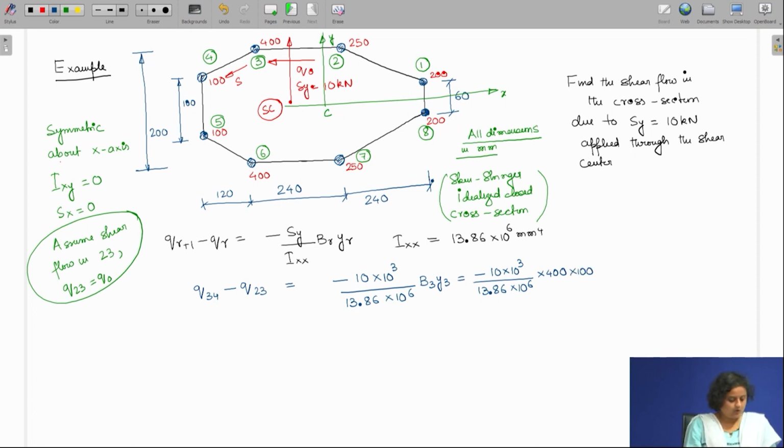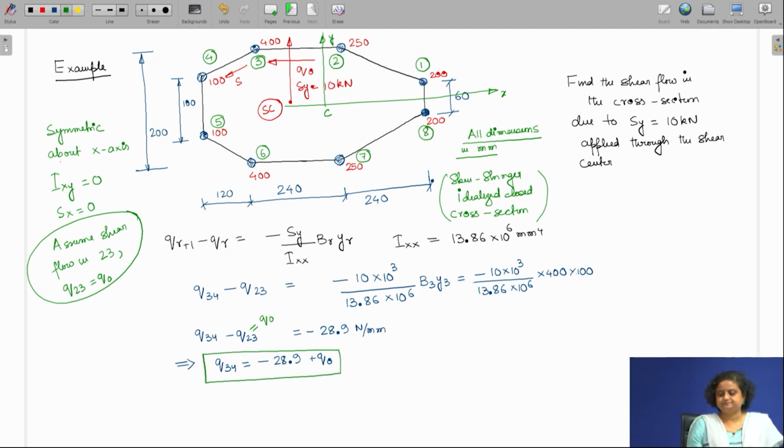And therefore this is going to be equal to 28.9 Newton millimeter, minus of that, and that is equal to Q34 minus Q23, which implies that Q34 is going to be, Q23 we have assumed to be Q0. So Q34 is therefore 28.9 plus Q0. So that is how we have got Q34.